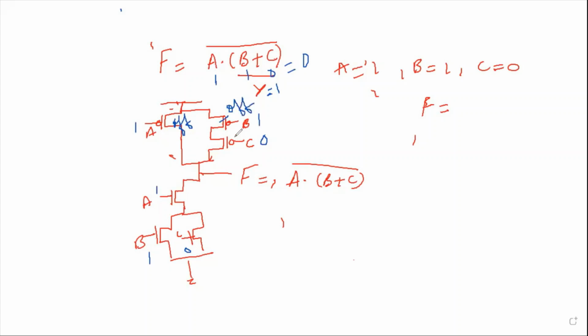But C is 0, so this is on. Even though this is on, it will not complete the path from VDD because B is off and the path of C goes through B. So the path from VDD to the output will not be there.